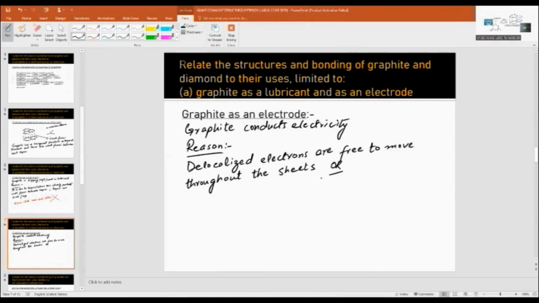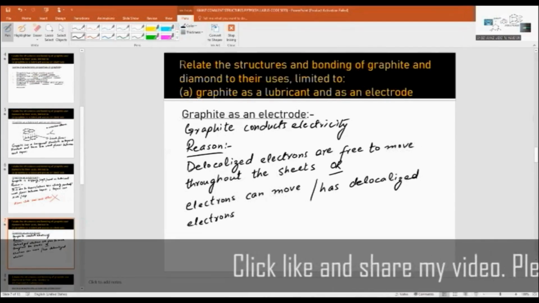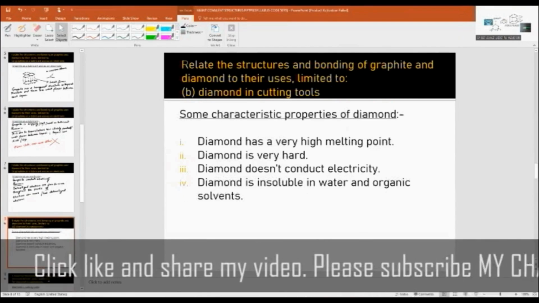You can even write has delocalized electrons.